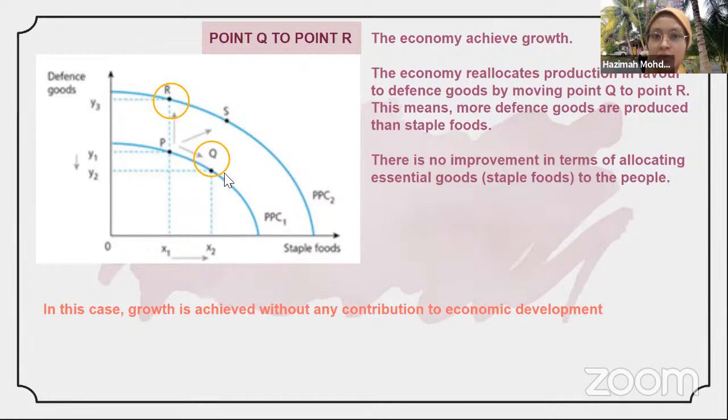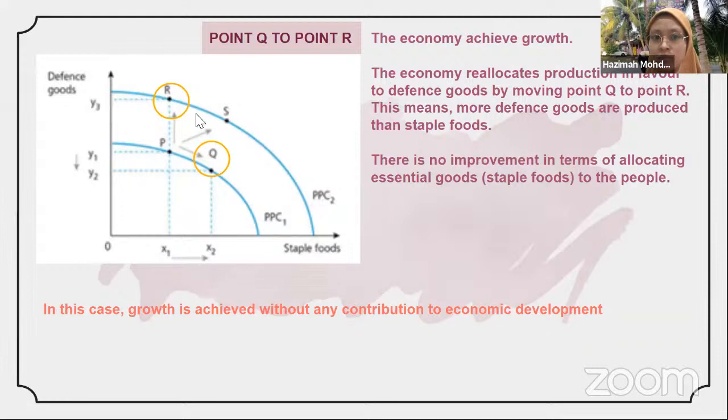Tapi the economy tu reallocates production more to defense good rather than to produce staple food. Okay, so there is no improvement in terms of allocating essential goods, staple foods to the people. And then in this case, growth is achieved without any contribution to economic development.